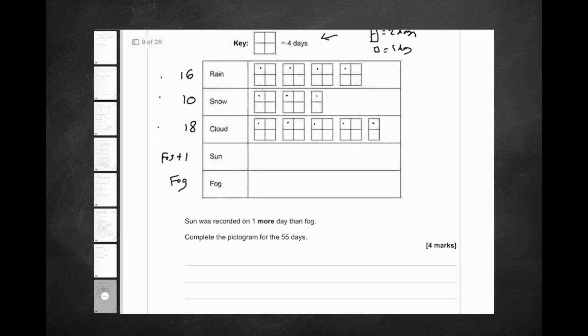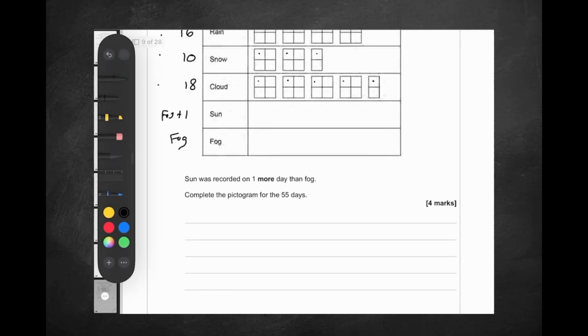So I'm going to say 55 equals 44 plus fog plus fog plus 1. Therefore, 11 equals fog plus fog plus 1. Therefore 10, if we take 1 off of both sides, we've got 10 equals 2 times fog.